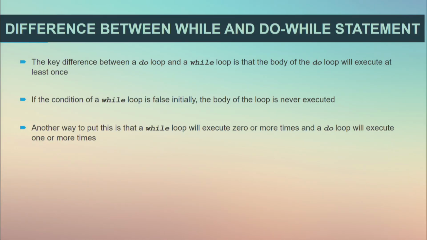If the condition of a while loop is false initially, the body of the loop will never get executed. Whereas, in the case of do while, even if it is false, the body of the loop will be executed once. The while loop will be executed 0 or more times, whereas the do while loop will be executed 1 or more times.